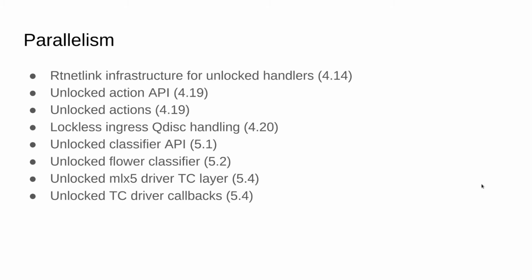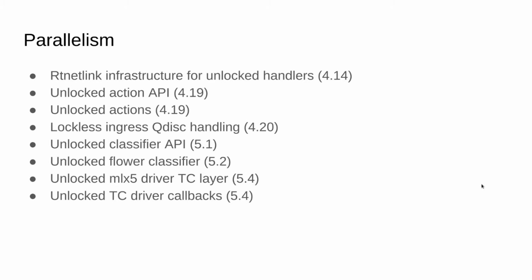The only classifier we converted to unlocked execution was the flower classifier, which is used by OVS to offload its flows to the TC data path. And we also needed to unlock our MLX5 driver TC layer. Before that, internally it assumed external locking, assumed there is no parallelism. So it was also quite a challenge to change everything there because we already had a lot of infrastructure implemented there.